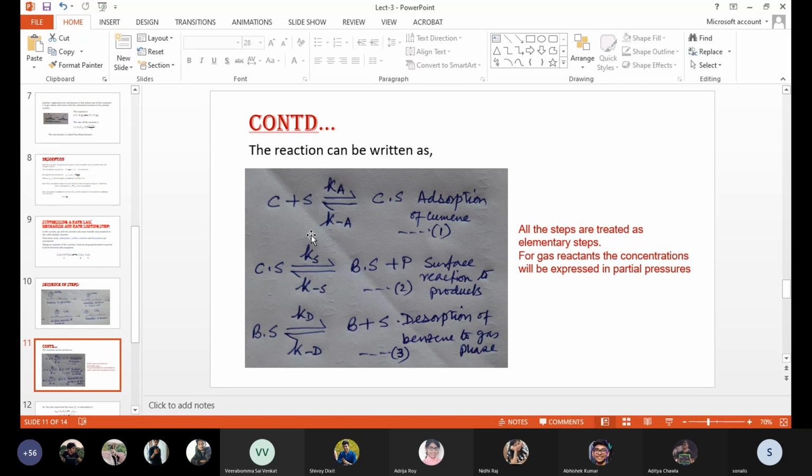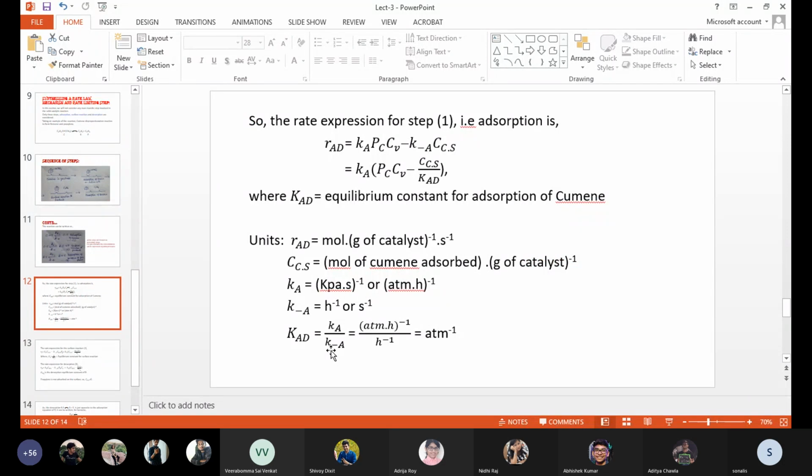Here the forward reaction rate constant is small ks and the reverse is small k of minus s. And the third one is the desorption of benzene from the surface, B dot S gives us B plus S, making the active site free. This is the desorption of benzene to the gas phase. Similarly, kd and k of minus d are the forward and reverse rate constants.